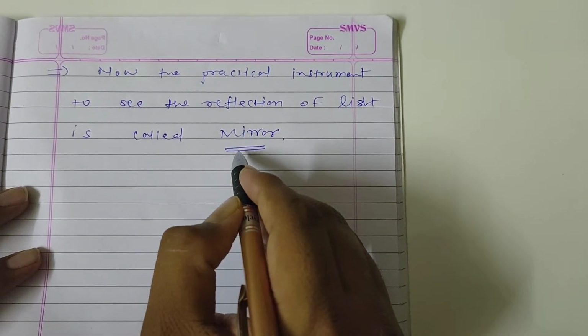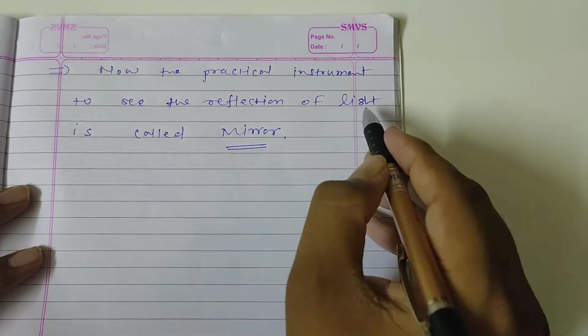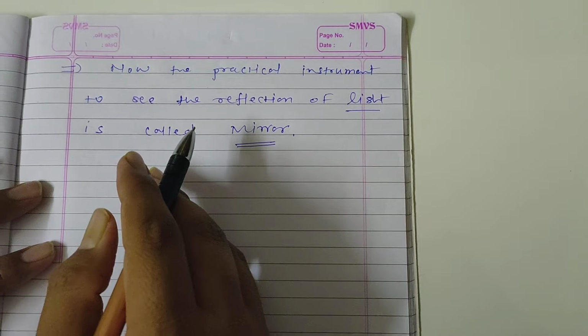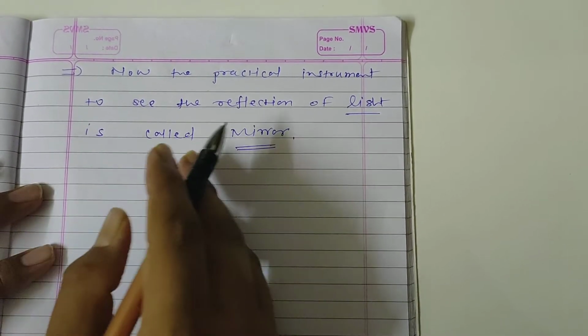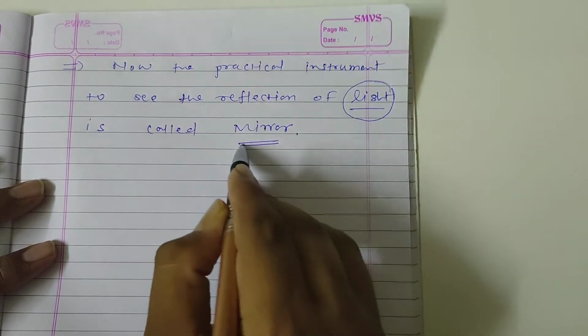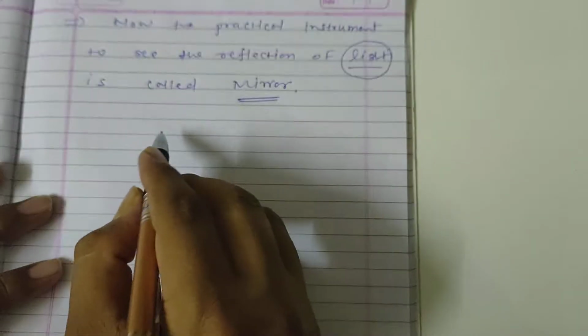Why do we call it mirror? Because it is the reflection of light, not the reflection of any object. Reflection we can see in any object, but for specific light reflection we have to use mirror.